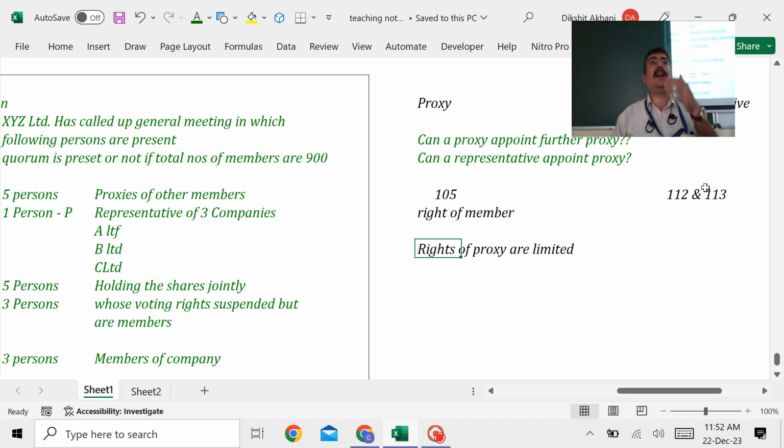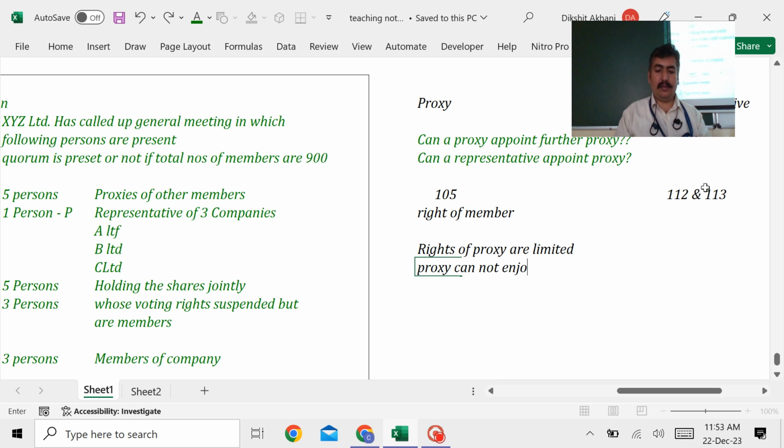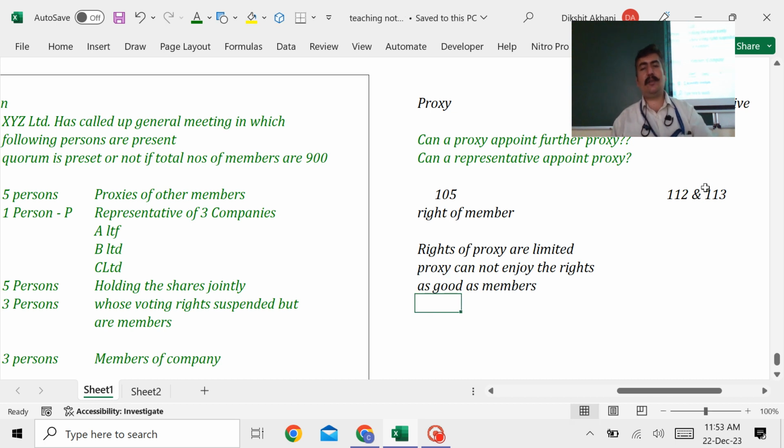Rights of proxies are limited, means they are very self-constrained. It is restricted. That means that proxy cannot enjoy the rights as good as members.